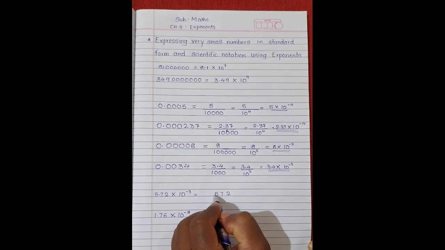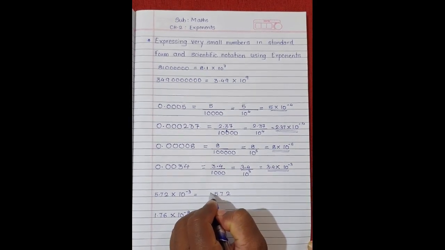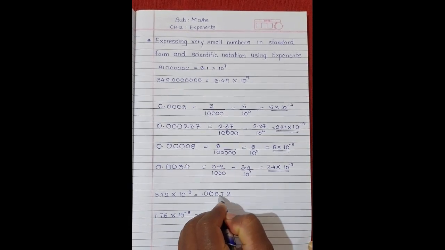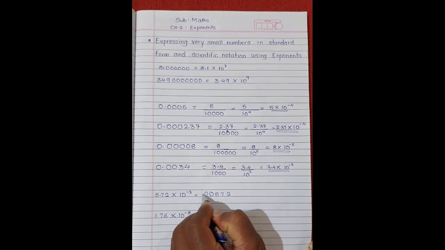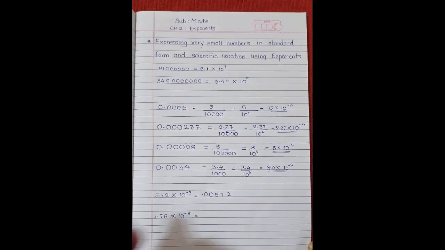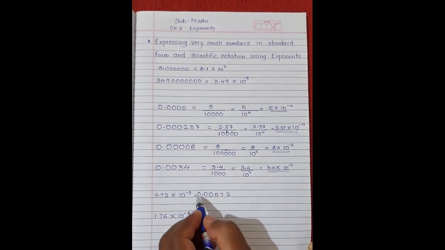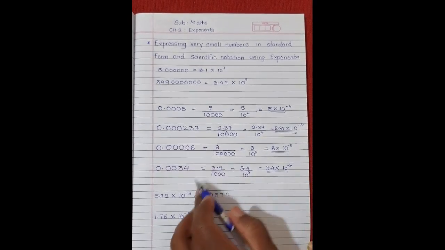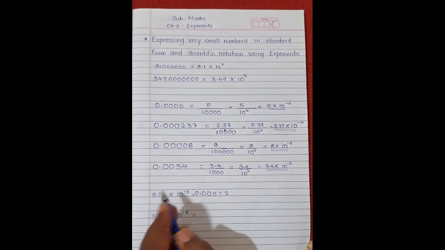So from here, before 5, 1, then 2 and 3. 3 places we have shifted. Before that, write 0. So it is 0.00572. This is the standard form for this scientific notation.